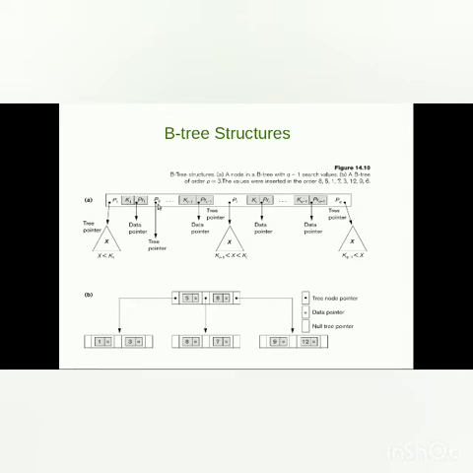This P2 means a tree pointer. P1, P2, PQ are tree pointers. Whenever you search for a value x which is between Ki minus 1 and Ki, that is Ki minus 1 less than x less than Ki, we will take this path, and again the search will be done recursively.